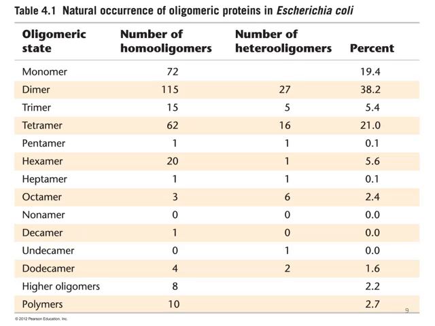Within this, we have monomers forming oligomers, accounting for about 19% of all of the oligomeric proteins observed in E. coli. Dimers coming together account for about 38% of the types of oligomeric proteins observed in E. coli. And by far, dimers are the most common of the oligomeric proteins, quaternary structure.